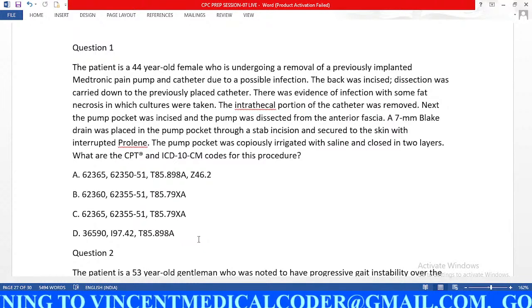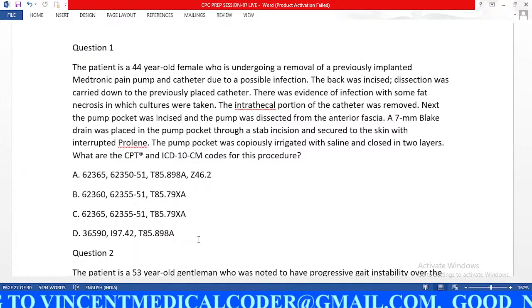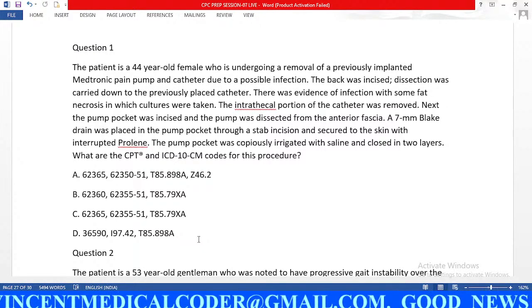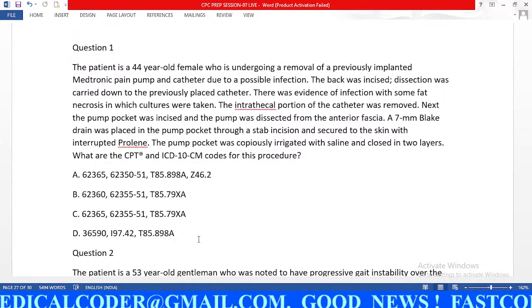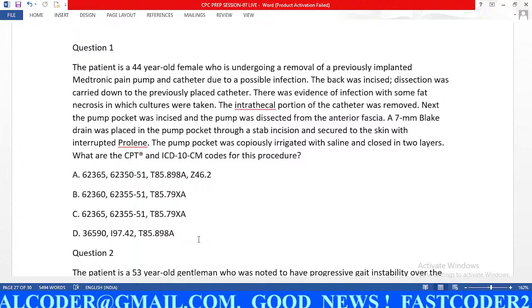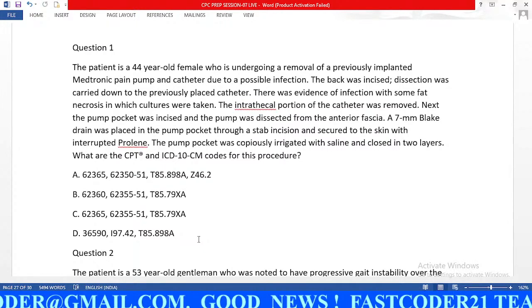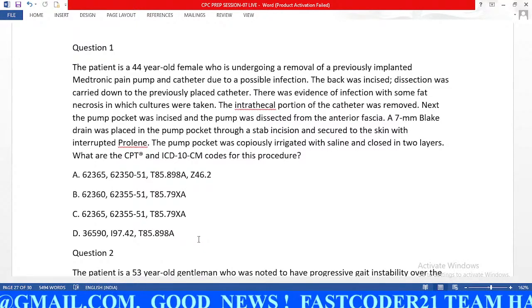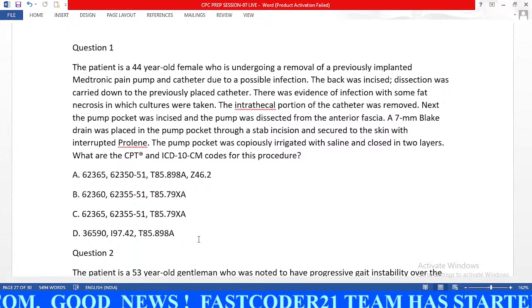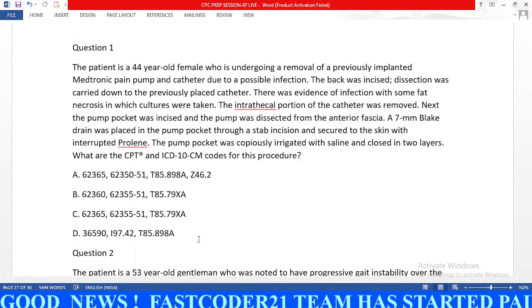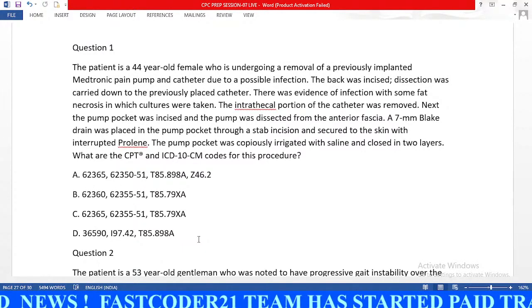I don't think one is suitable here. So write A or B or C or D. Guys, there is no negative marking in this session, so you can write any answer. You need not worry about the markings here.